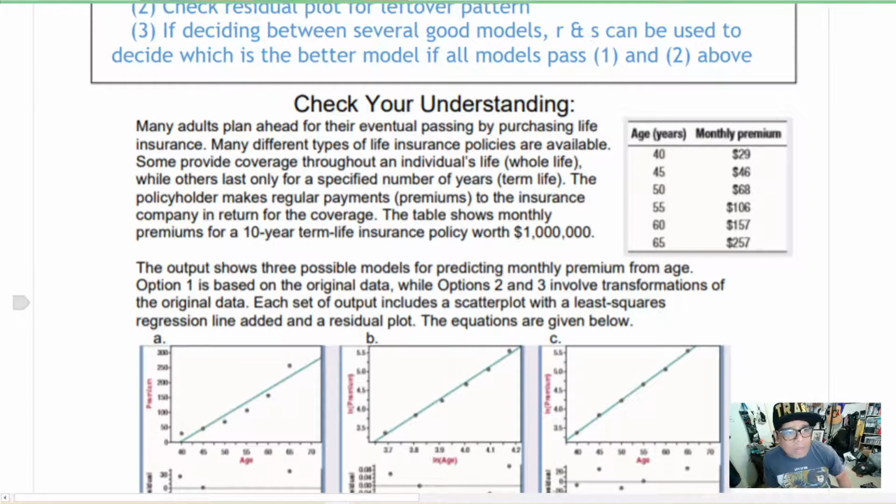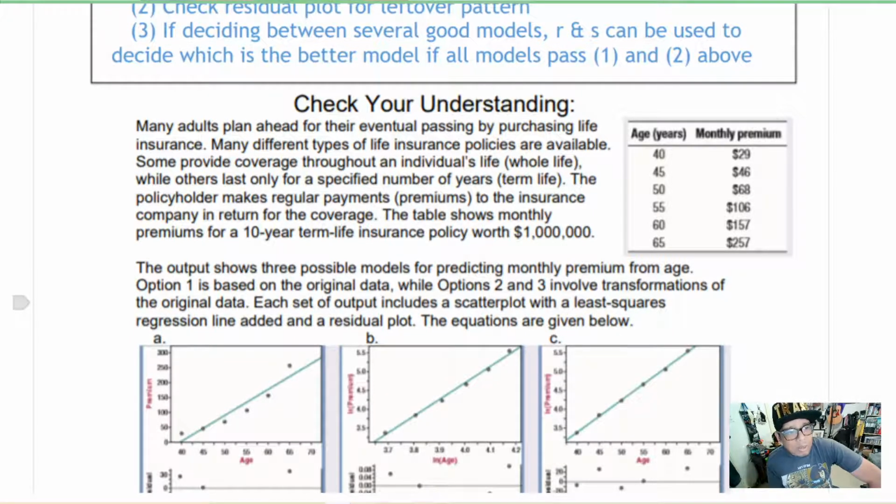Many adults plan ahead for their eventual passing by purchasing life insurance. Many types of life insurance policies are available. Some provide coverage throughout the individual's life, whole life, while others only last for a specific number of years, term life.